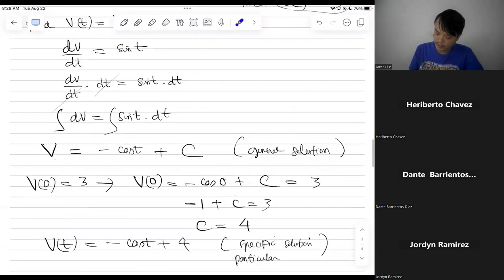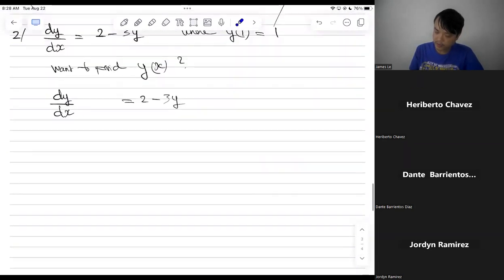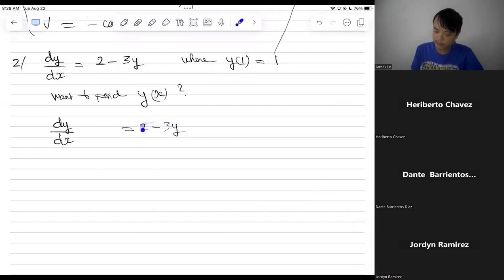You have to see this one as a product, so you need to see that the other factor is just times one. So how can you separate them? You just divide both sides by 2 minus 3y.